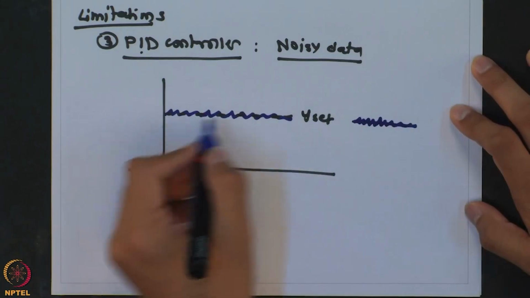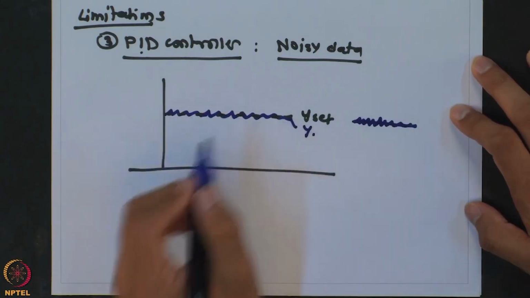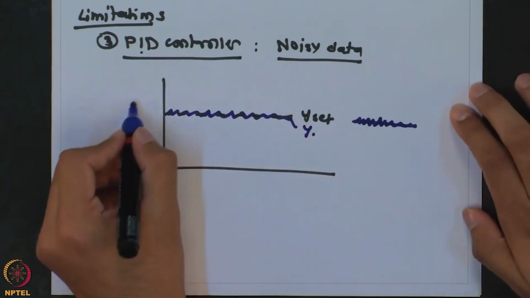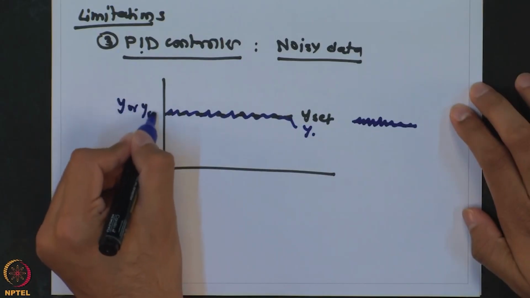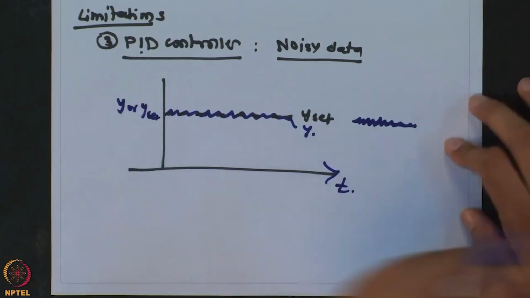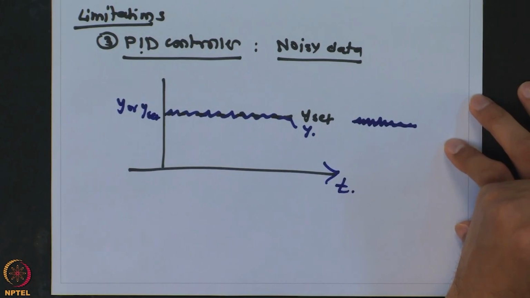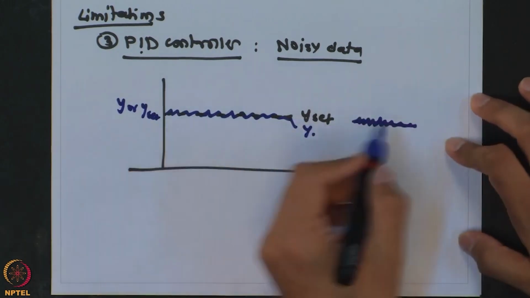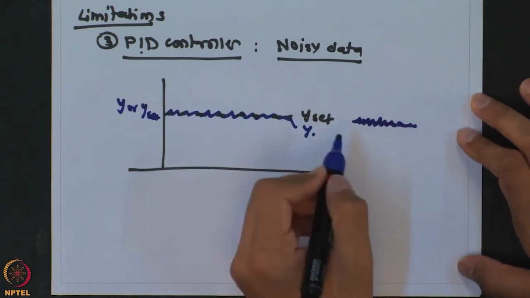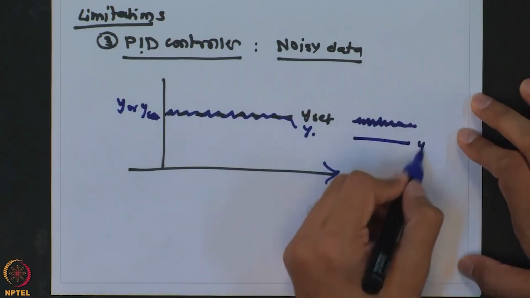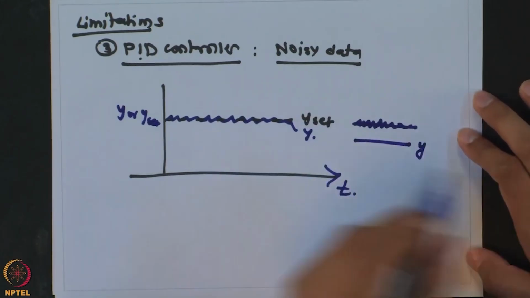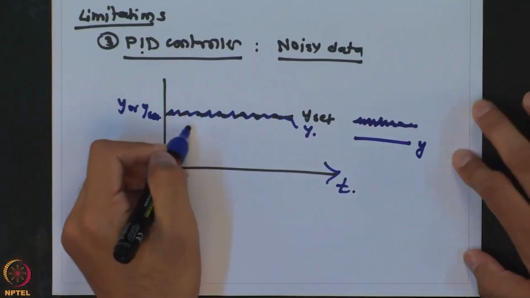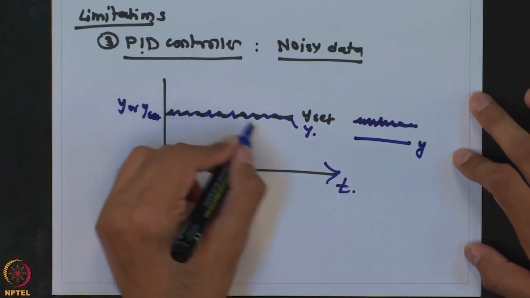So, this Y is our output. If this is the plant which is given to you, would you take any action to remove these small wriggles and make Y equal to Y set? In reality you would not want your controller to take any action because of this.